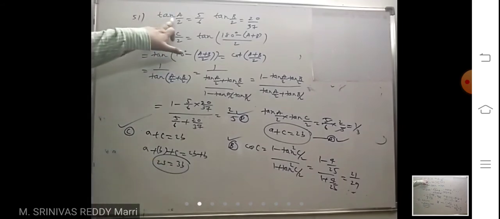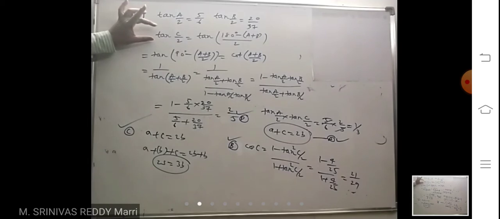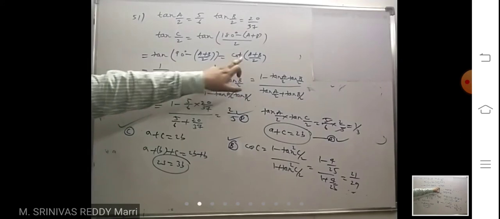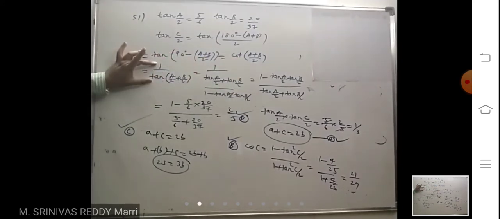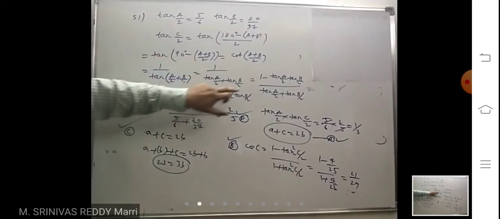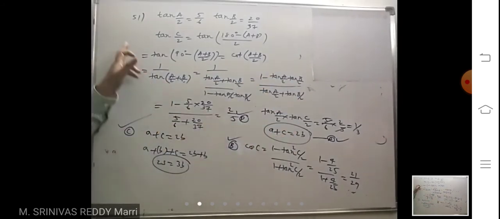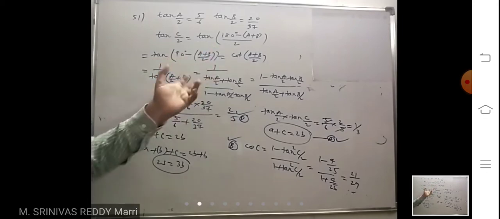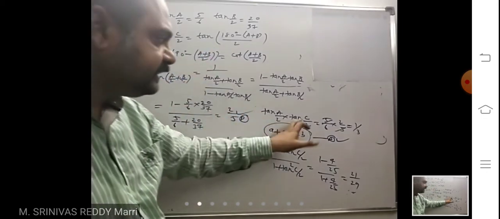The thing is, whenever these are given, you calculate tan of the other angle C by 2. Convert it in terms of A plus B, since cot is nothing but 1 by tan, and use the tan of A plus B formula. Calculate tan C by 2, and then out of these three, multiply and check which product is 1 by 3.